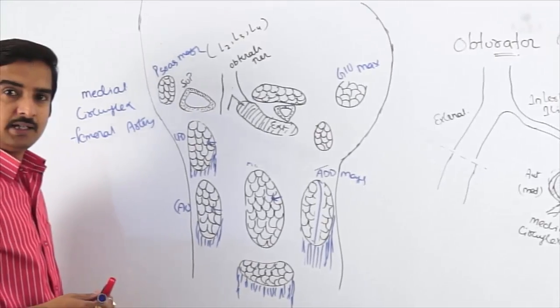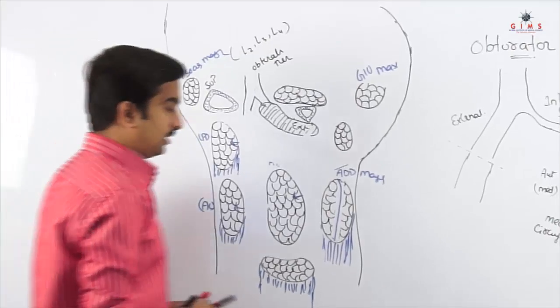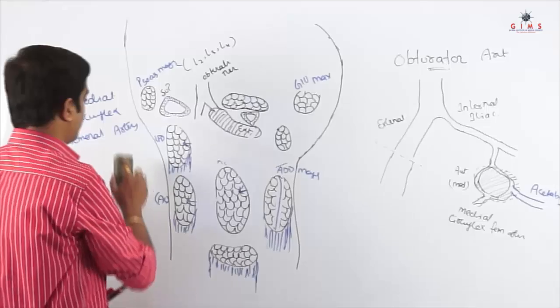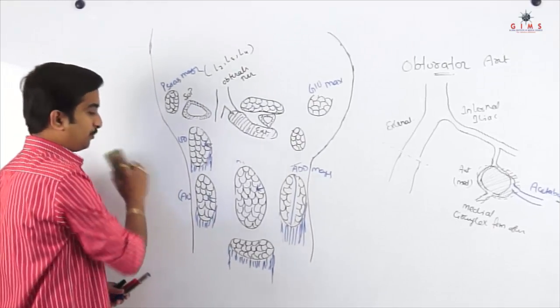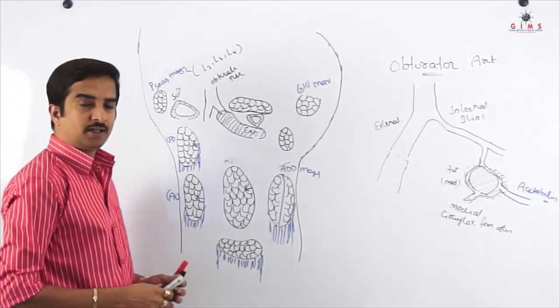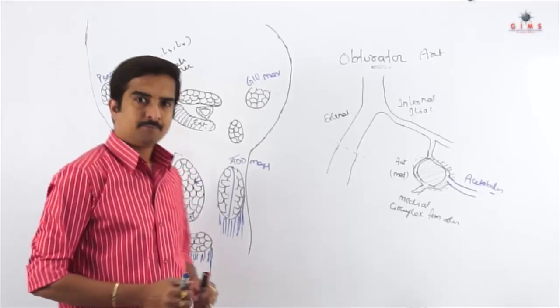Right, this is the medial circumflex femoral artery. So here the medial circumflex femoral artery is a branch of the profunda femoris artery. You know, the profunda femoris artery is the largest branch of the femoral artery.